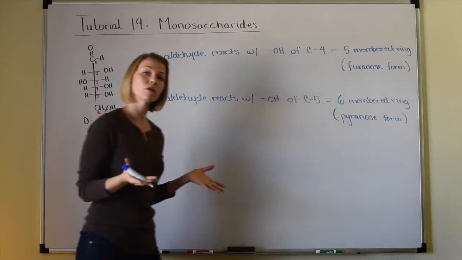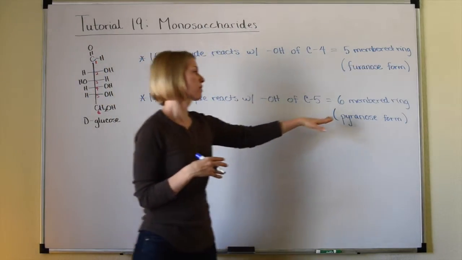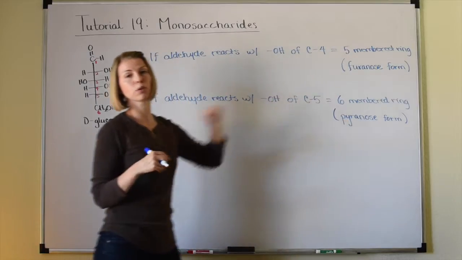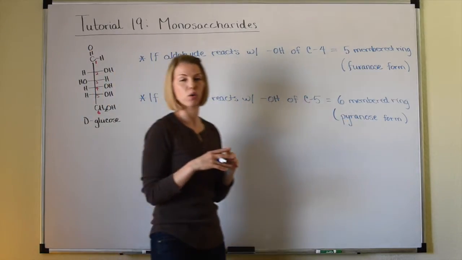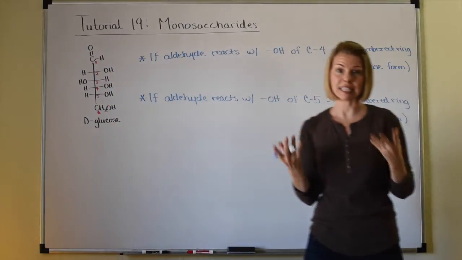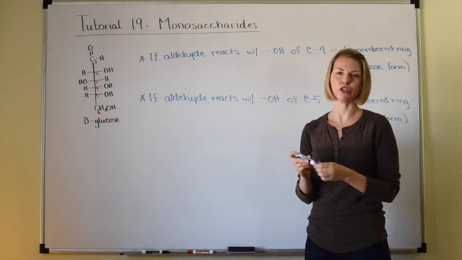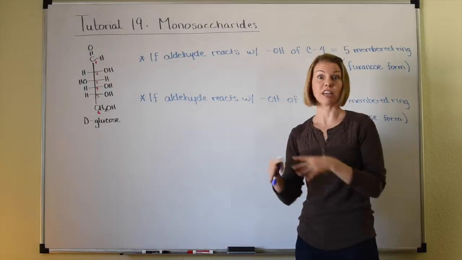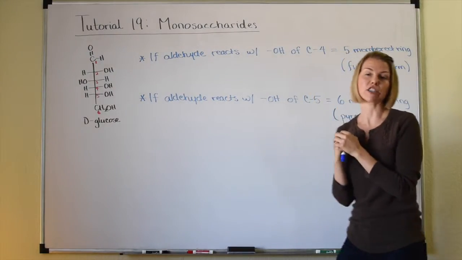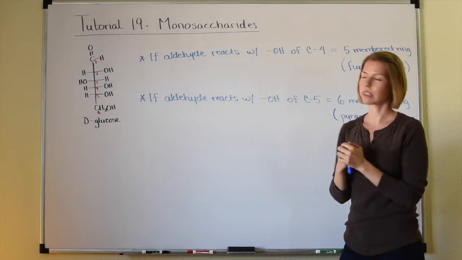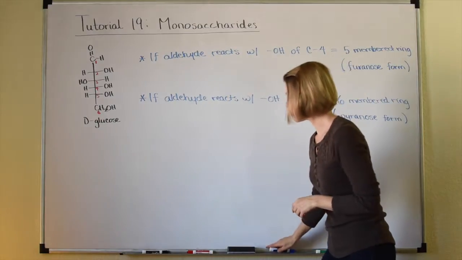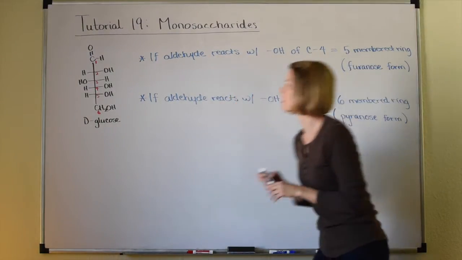Now with glucose, what you actually see the most of is the Pyranose form. So we're going to go ahead and show the formation of the 6-membered ring for glucose, not the 5, which you really won't run into when we start looking at the disaccharides and polysaccharides in our next tutorial that contain glucose.